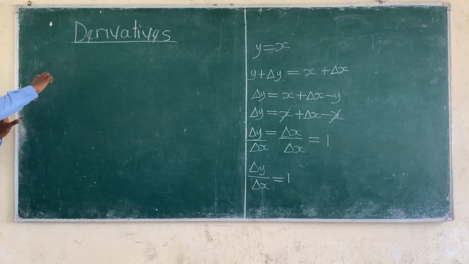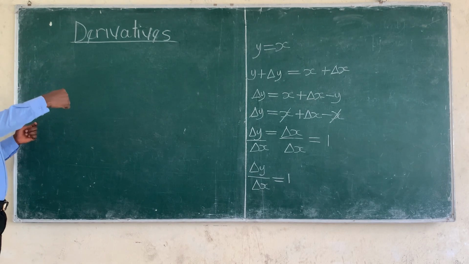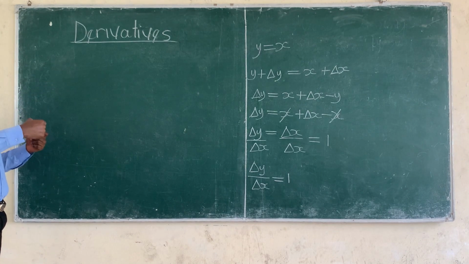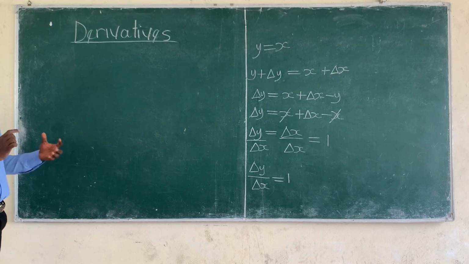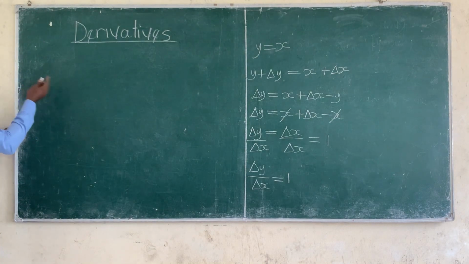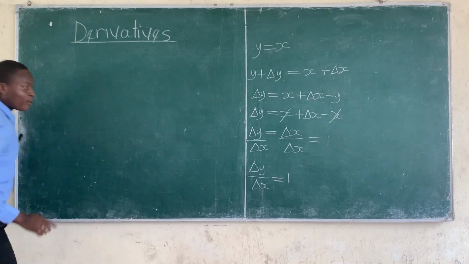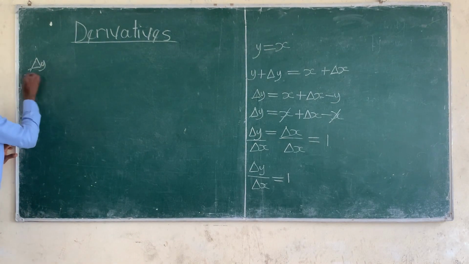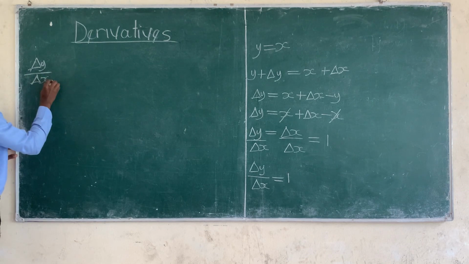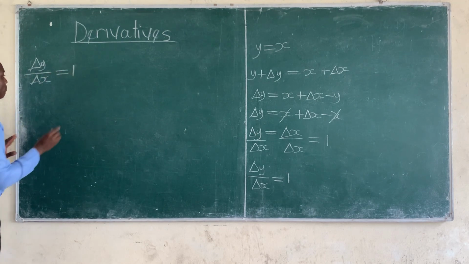We have seen from the graph that the increase in x gets smaller and smaller and tends to 0. So we have change in y over change in x, which is the slope, and this is equal to 1.